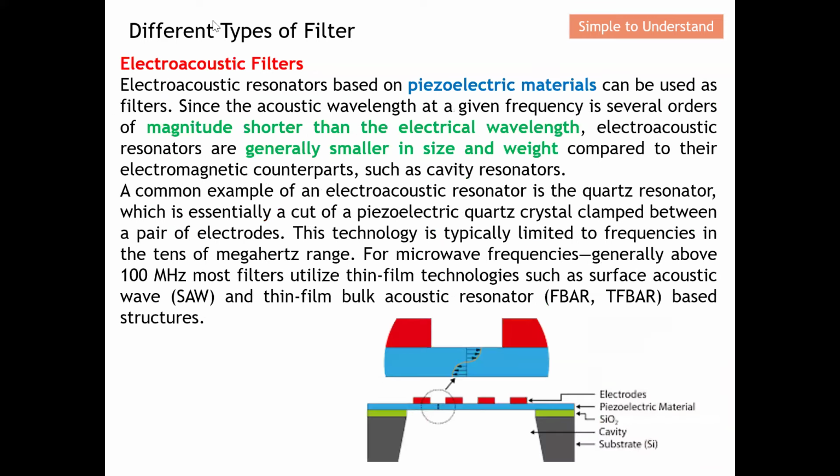Let's move on to the electroacoustic filter. Electroacoustic resonators are based on piezoelectric material. They can be used as filters. Since the acoustic wavelength at a given frequency is several orders of magnitude shorter than the electrical wavelength, therefore these electroacoustic resonators are much smaller, and the weight is also reduced, compared to our microwave counterpart, such as the cavity resonator.